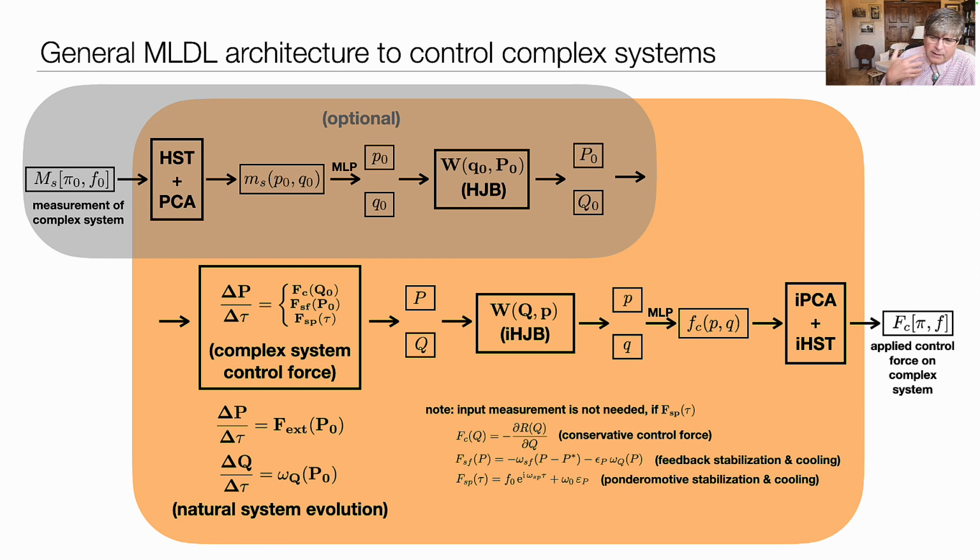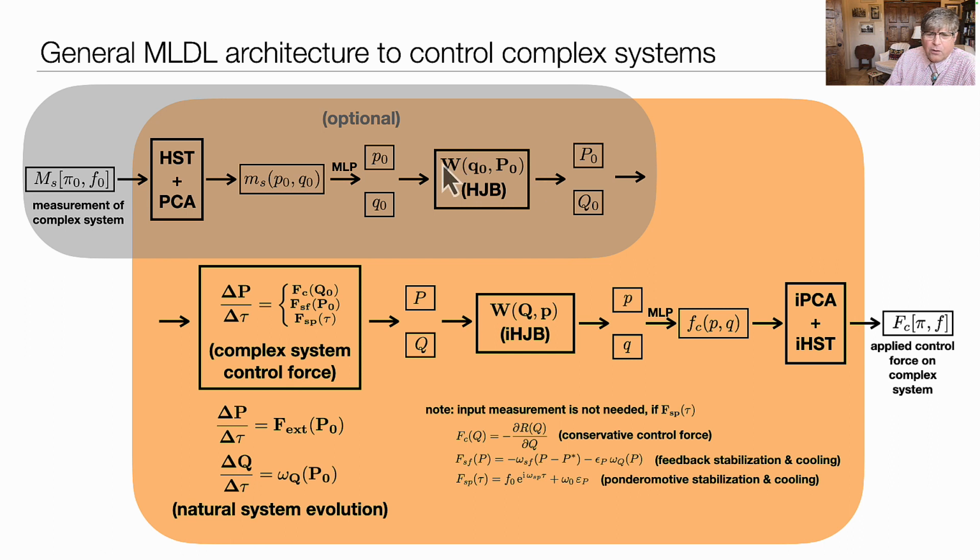But now that we have the system characterized, we can take the next step, which is to optimally control it. If you have feedback control, you start with the measurement of the system in the field domain. You transform that to the measurement of the system in the small p's and q's domain of the individual.